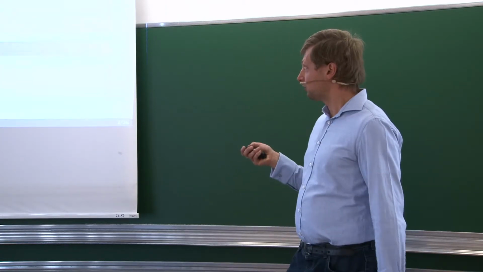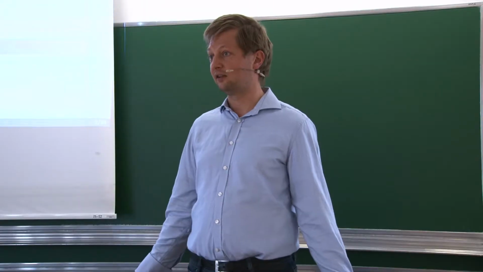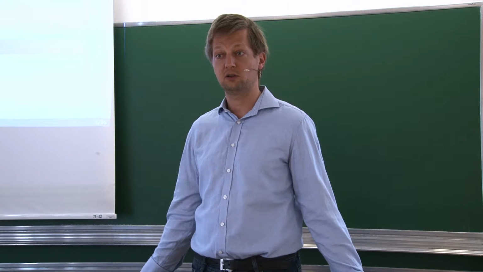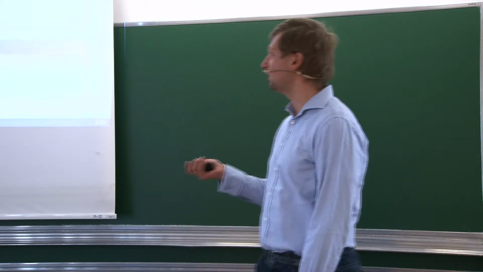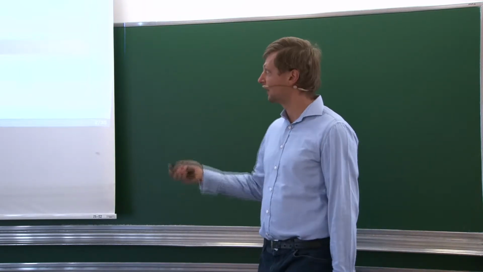One thing that I was hoping to cover last time, and we'll move to today, will be to actually see what learning looks like in a state-of-the-art superposition calculus prover, and then we'll extend this to a calculus which is more suited for learning, namely the tableau calculus. An advantage of the tableau calculus will also be the fact that we are able to handle many other calculi.